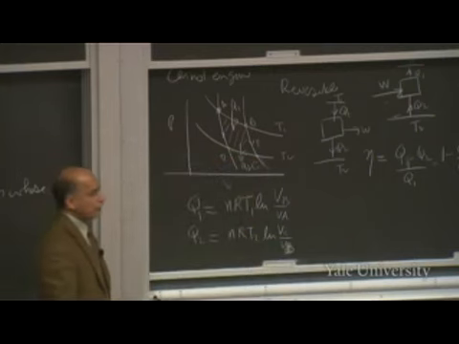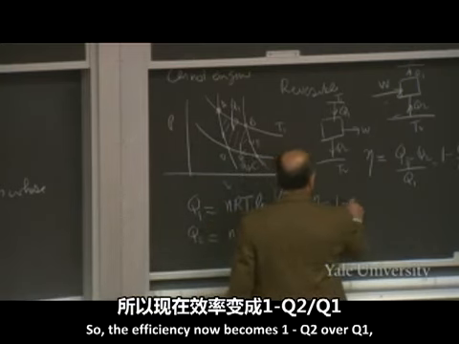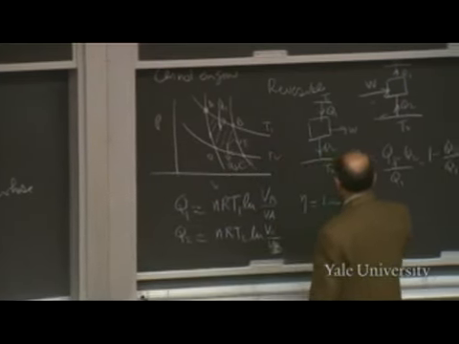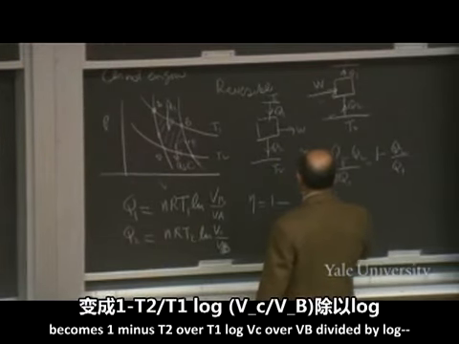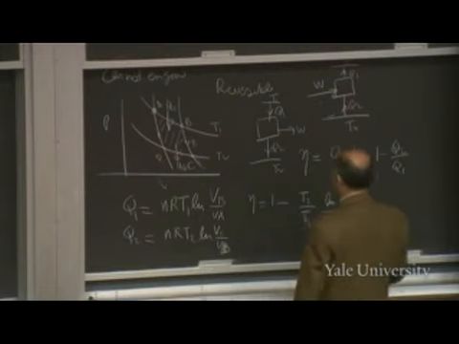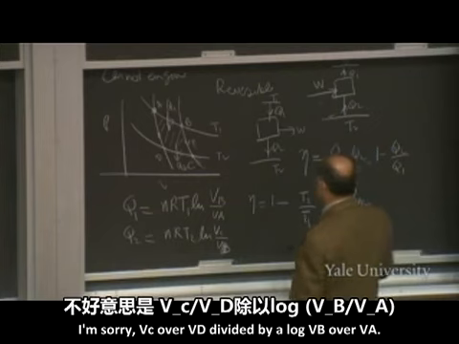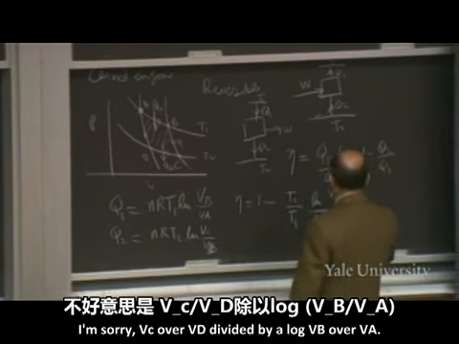So the efficiency now becomes 1 minus Q2 over Q1, which becomes 1 minus T2 over T1 times log VC over VD divided by log VB over VA.